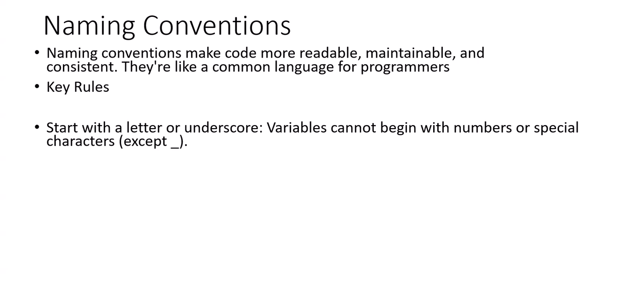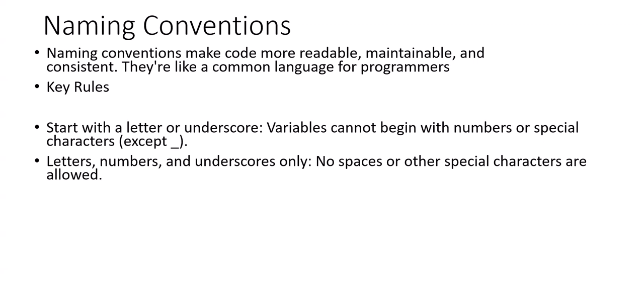That means a variable name cannot begin with any digit or special characters except the underscore, which we have already mentioned. So a variable name can only start with a letter or underscore. There's no valid variable name that can start with a digit or other special characters other than the underscore. That's the first key rule.